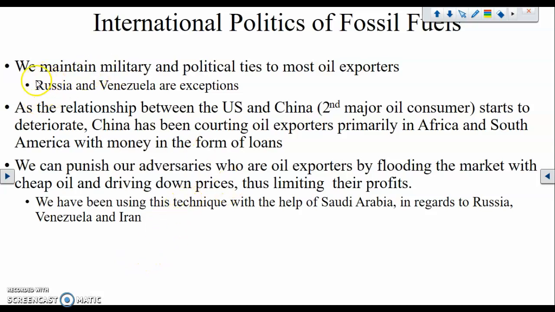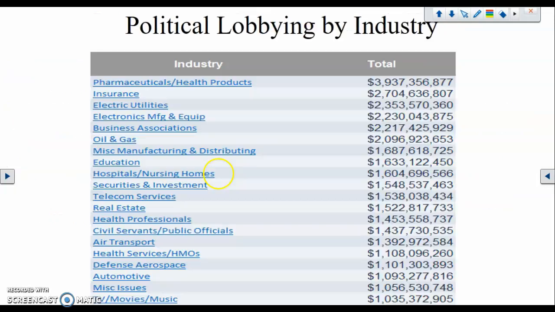Because of that, Russia and Venezuela do not make a lot of profit from exporting oil, because the price of a barrel of crude oil is so cheap that you have to have millions and millions of barrels dumping into the export business to make a profit. So there's obviously all of this politics of fossil fuels, and we've been using that as leverage against a lot of our political opponents in the international realm. All right, so that's that.